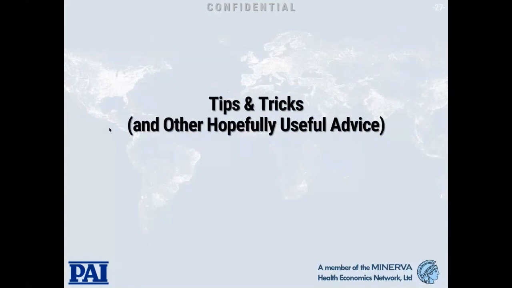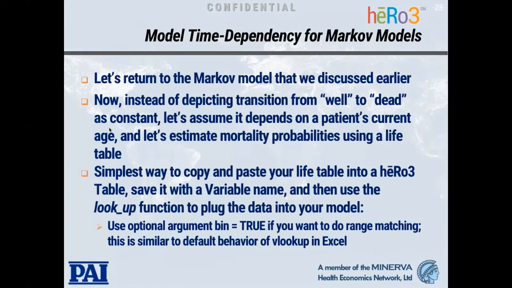So now moving on to a few tips and tricks and other hopefully useful advice. Time dependency is, of course, an important part of building Markov models. And so I'd like to discuss two different types of time dependency that can be very easily implemented in heRo3. So just as an example, we will go back to the Markov model that we were working with earlier.